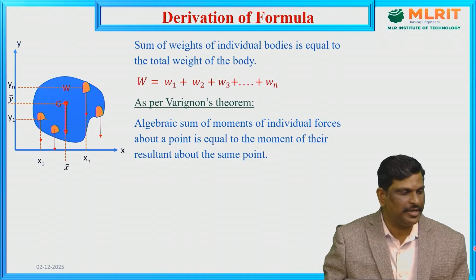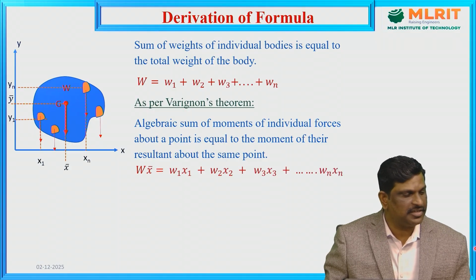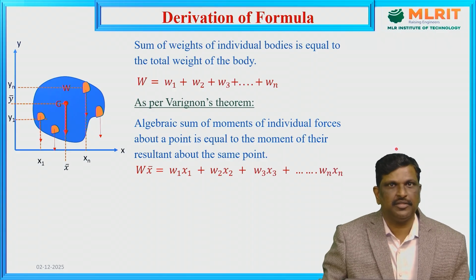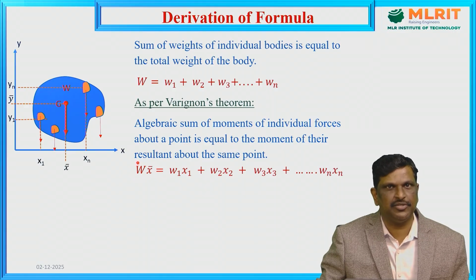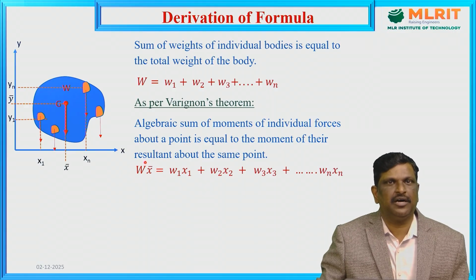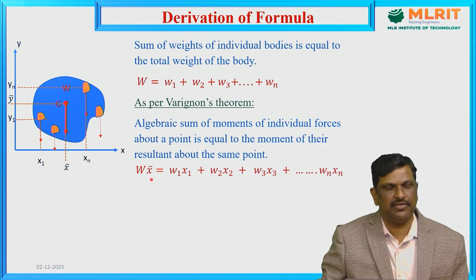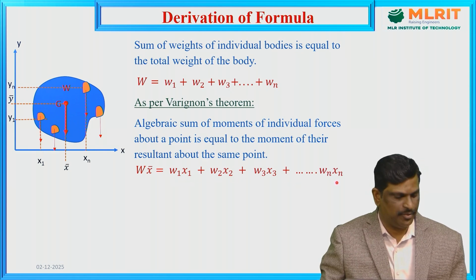Now take the moment about y axis. So the distance of the total weight W from y axis is x bar. So the moment due to resultant about y axis is W x bar, which is equal to the moment of individual forces about the same point, W1 x1 plus W2 x2 plus W3 x3 and so on, Wn xn.